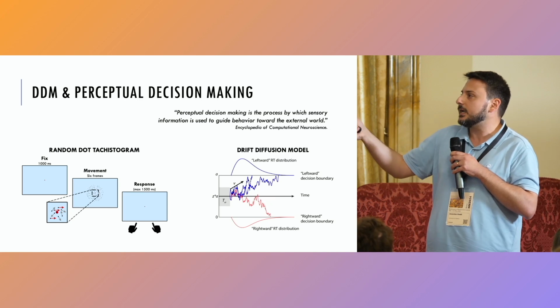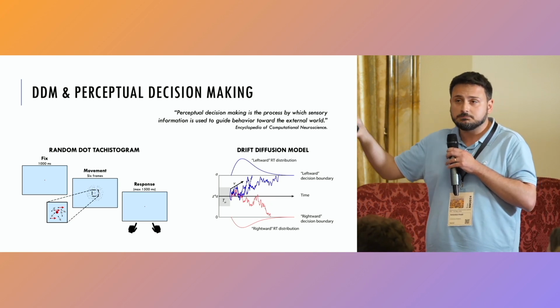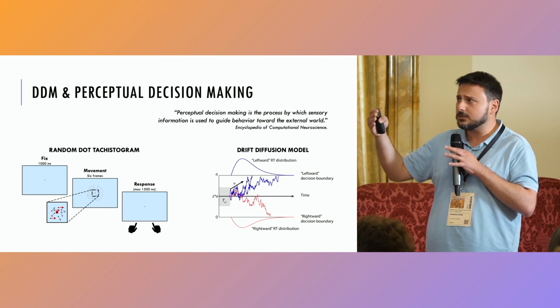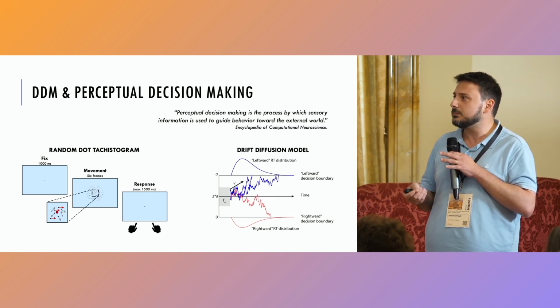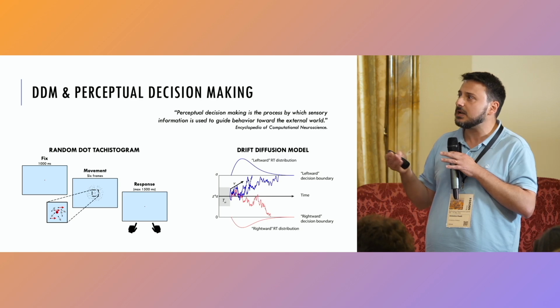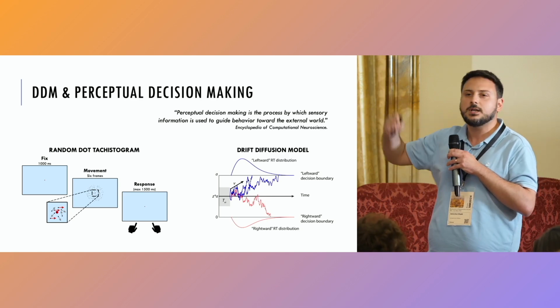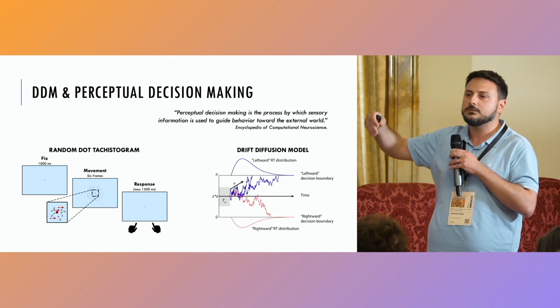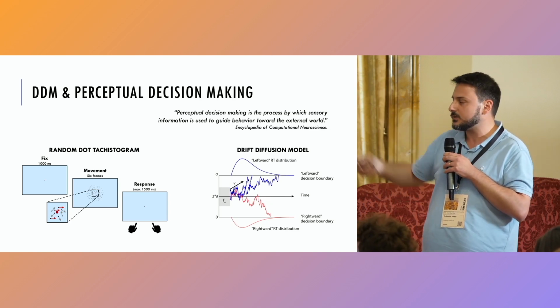They assume that a decision maker accumulates evidence, which can be sensory or decision evidence, through a sort of random walk process towards one of two boundaries, and when it reaches one of the two boundaries, they select the corresponding response.